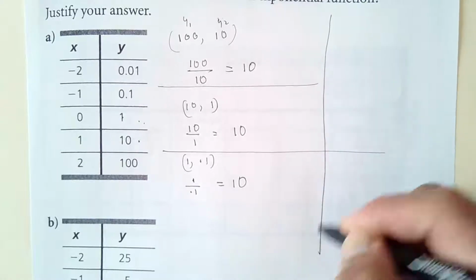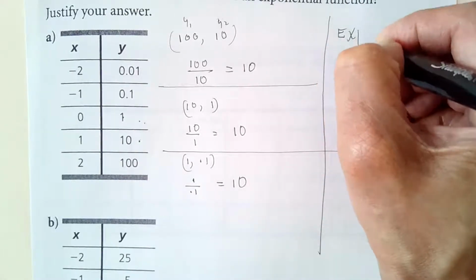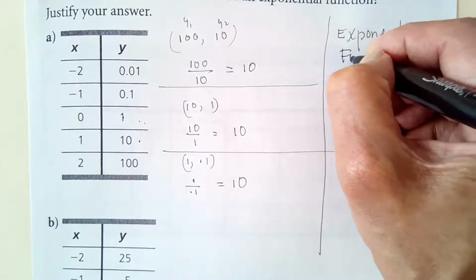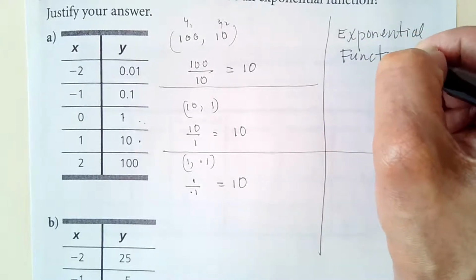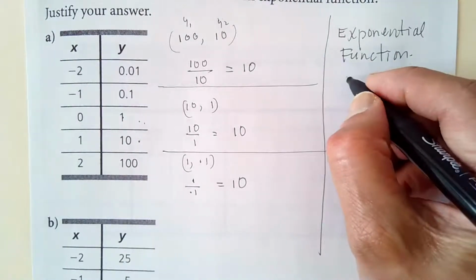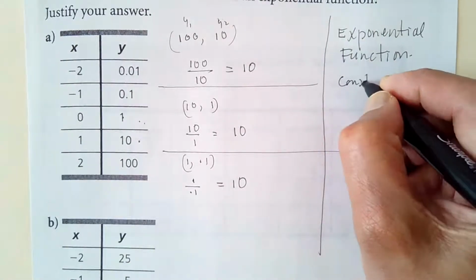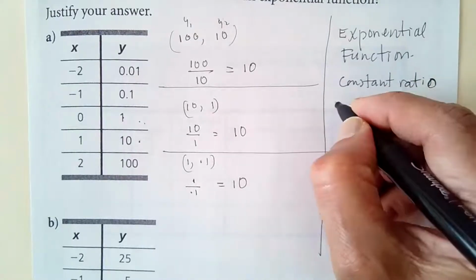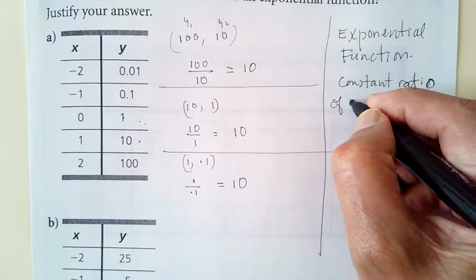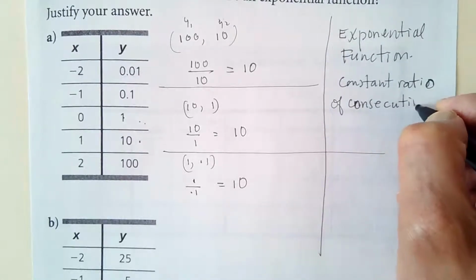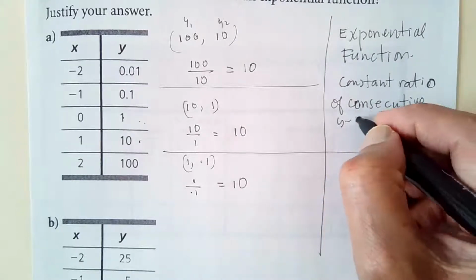So what we end up with is an exponential function, because we have a constant ratio of consecutive y values.